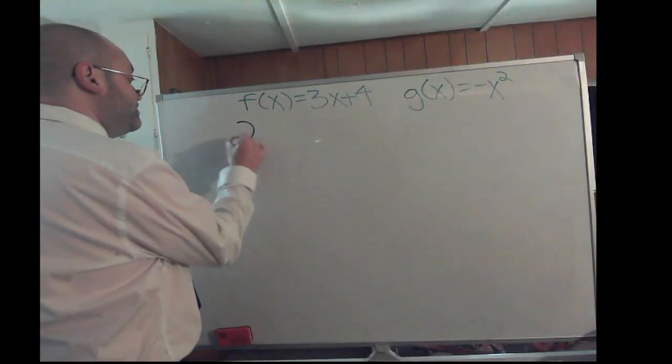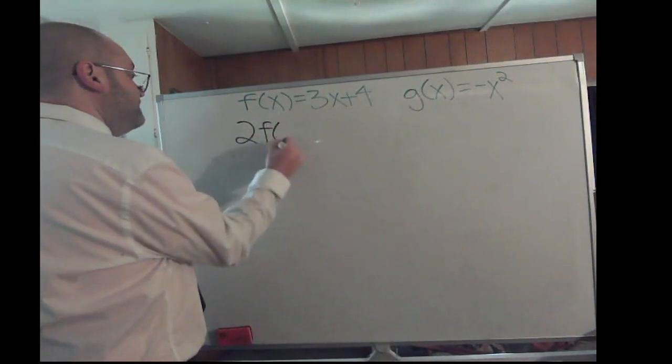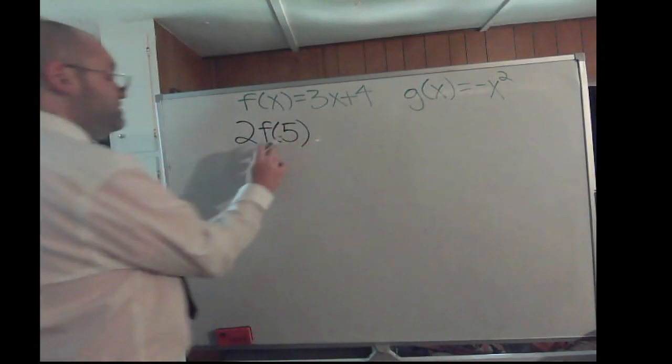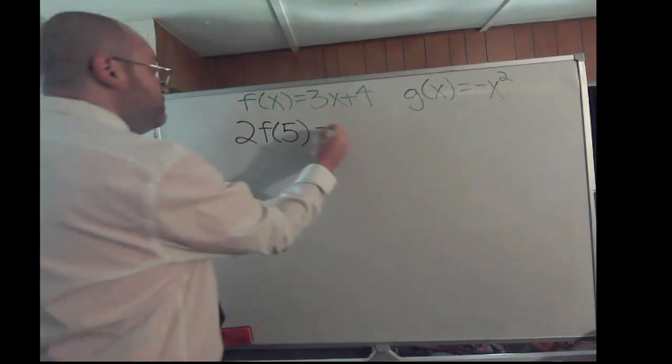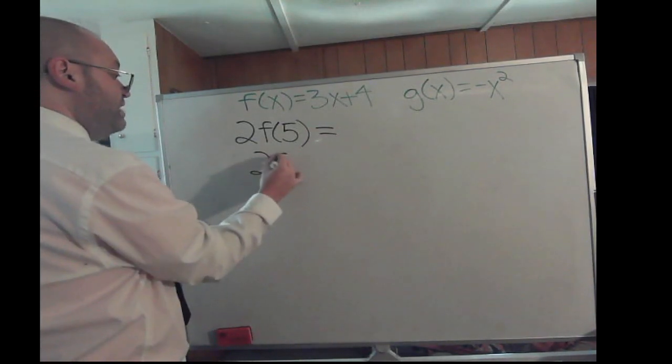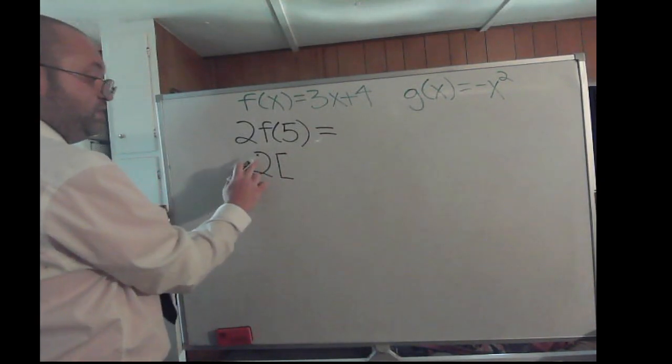We have 2 times f of 5. Well, you'll keep the 2 outside of the brackets.